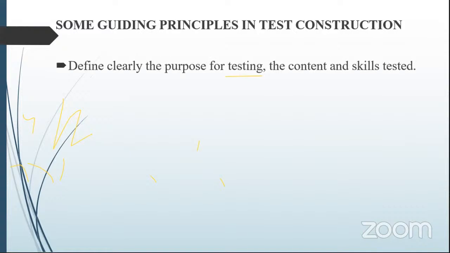Looking at the complexity of item writing, I feel it is imperative that we also look at some guiding principles in test construction. We are saying there is need to define clearly the purpose for testing, the content, and the skills tested.